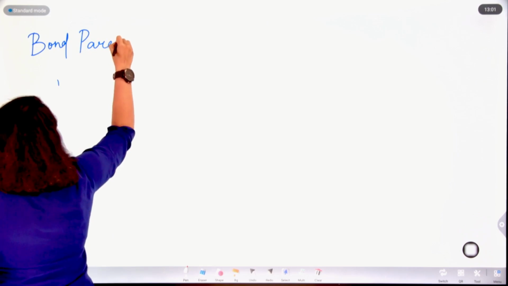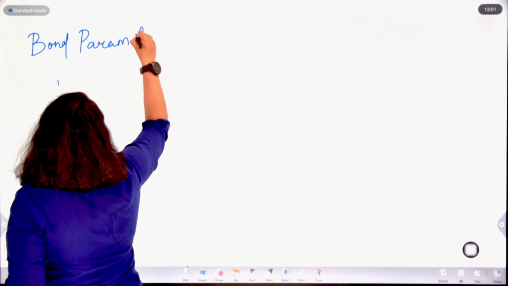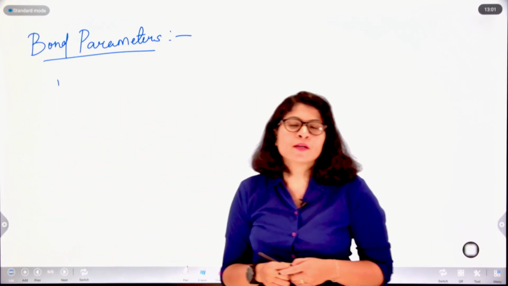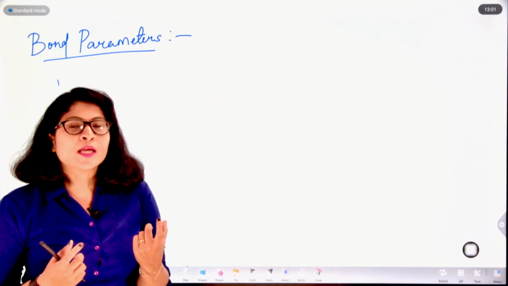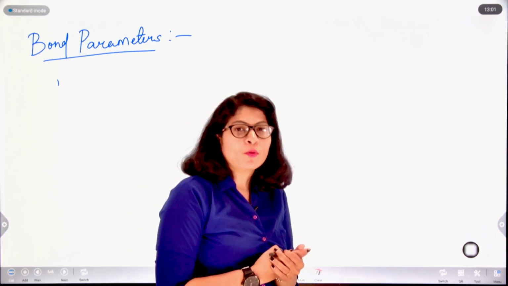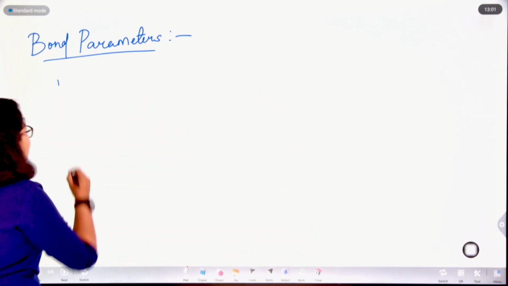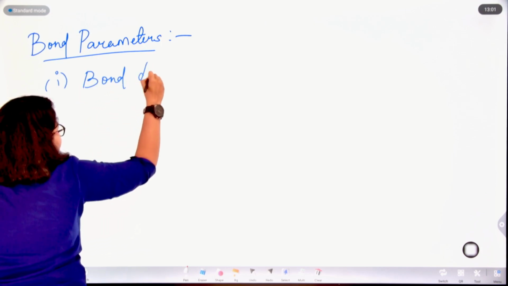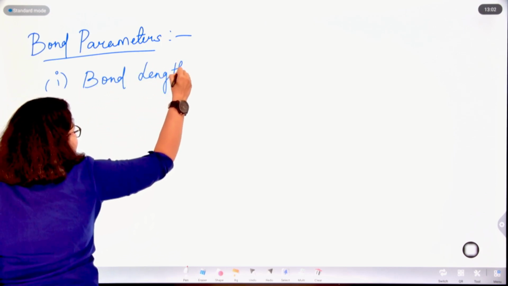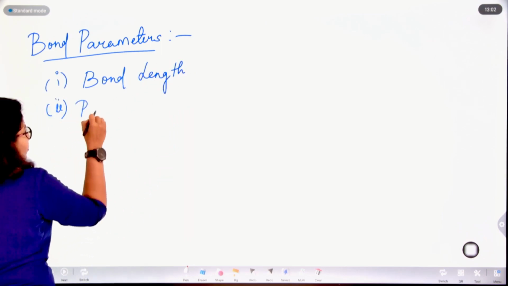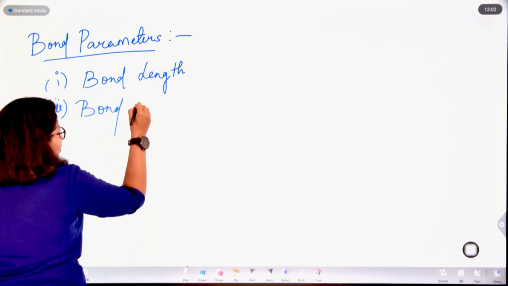Bond parameters means what are the factors or parameters which give us information about a particular type of bond, right? How many bond parameters do we commonly use? The first of all is bond length. The second is bond angle.